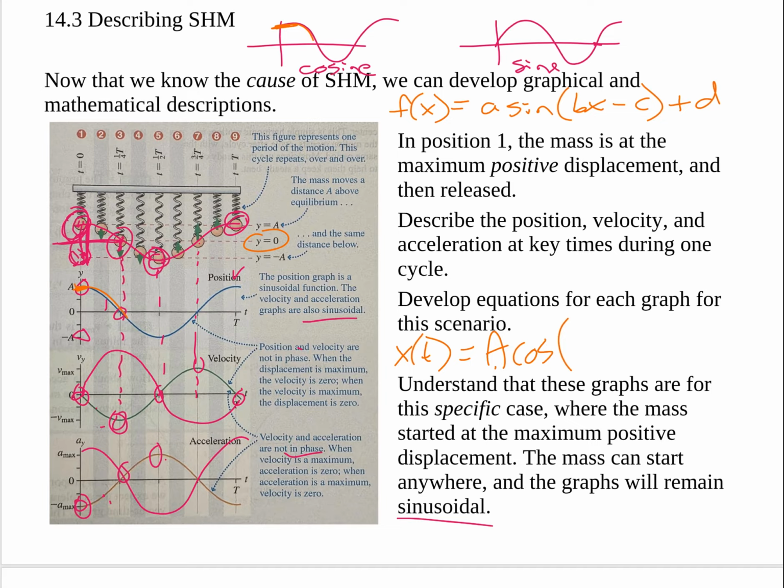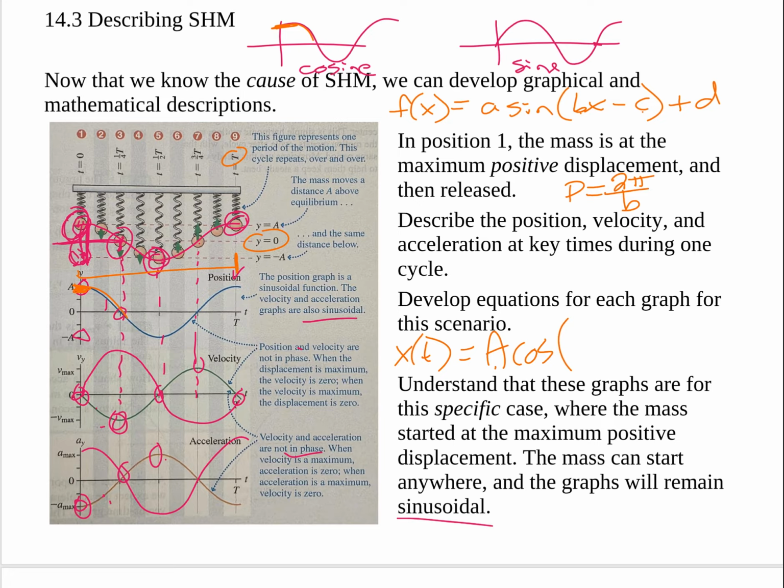Now cosine of bx minus c, so we need to figure out what this b is and this c. First of all, cosine is supposed to start at its maximum, and our graph did start at its maximum, so that means c is going to be 0 as well. We just have to figure out what the period is going to be. The period from beginning to end of the cycle, whatever that time is, they said it's capital T. Period equals 2 pi divided by b.